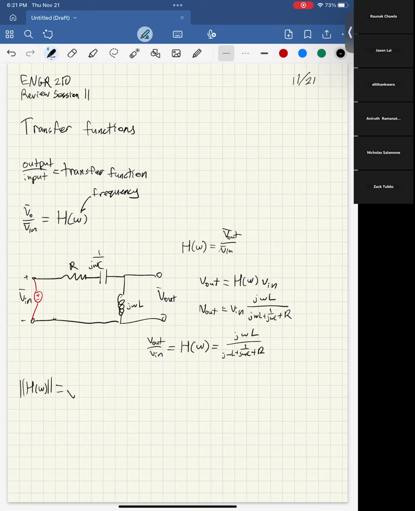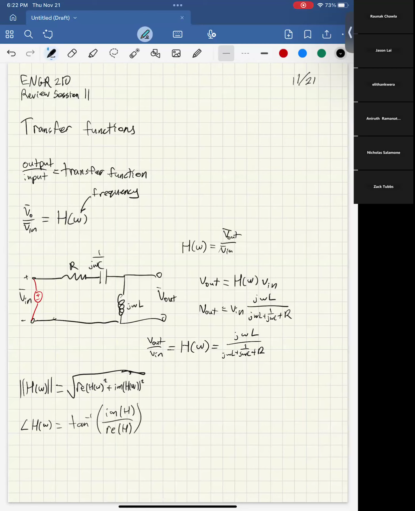The magnitude would be the real part of H of omega squared plus the imaginary part of H of omega squared, same as any complex number. Similarly, the phase of H of omega is equal to the tangent inverse of the imaginary part, just not actually writing the omega because I'm lazy, over the real part.